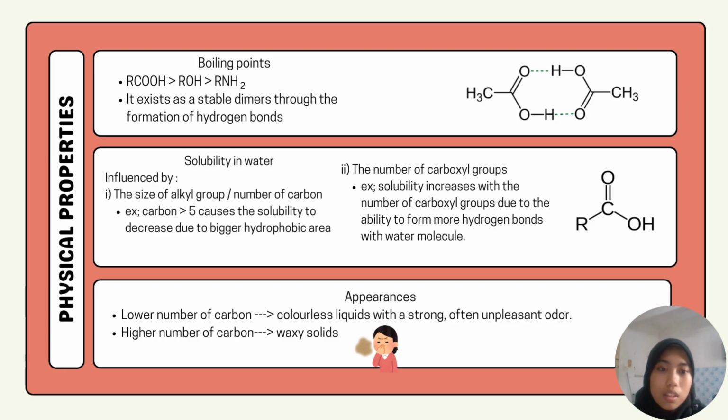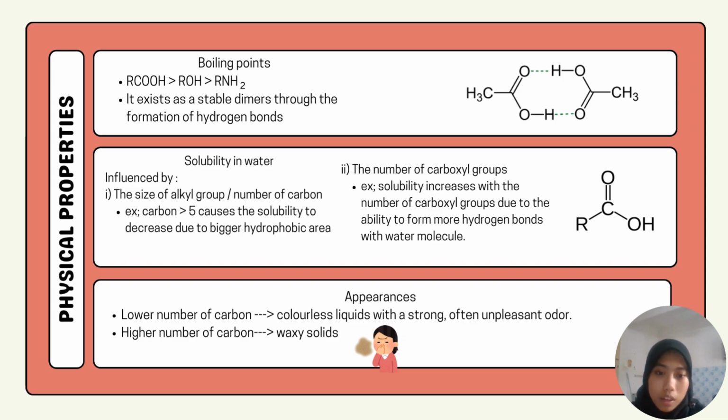The next one is the number of carboxyl groups. So its solubility increases with the number of carboxyl groups due to its ability to form more hydrogen bond with water molecule surrounding it.